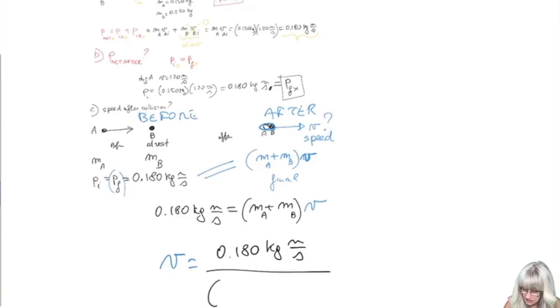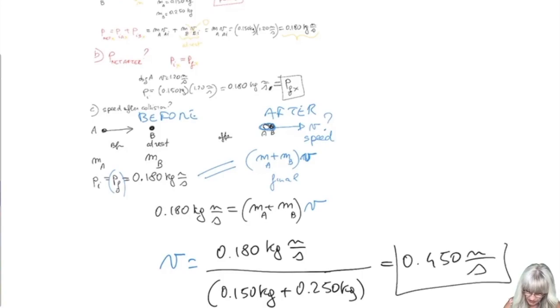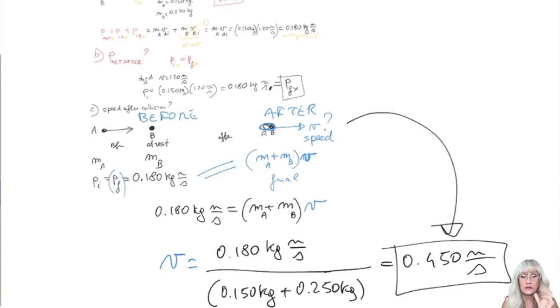And the mass of the two bodies was, and if you do the math, you will obtain 0.450 meter per second. So we know how fast this stuck-together object is moving to the right.